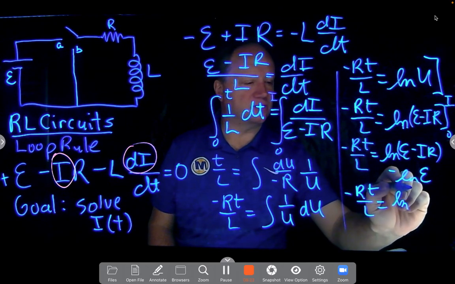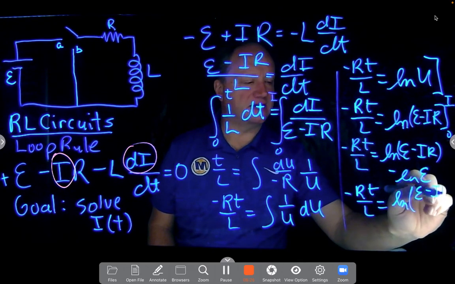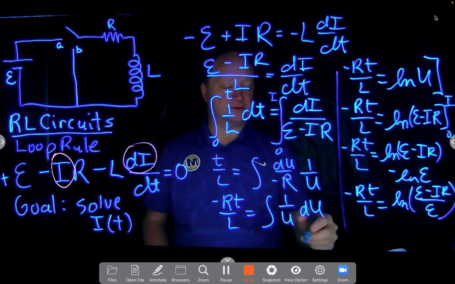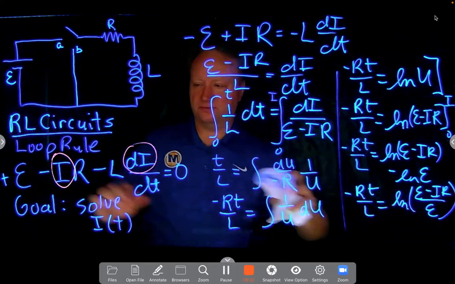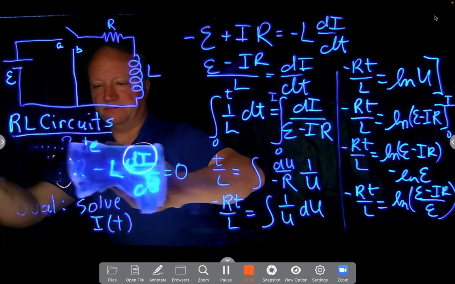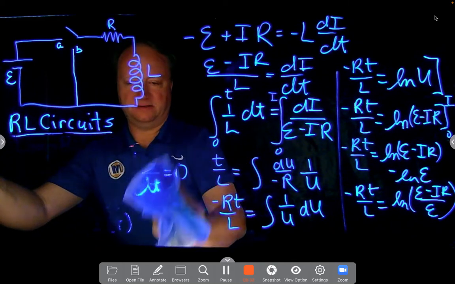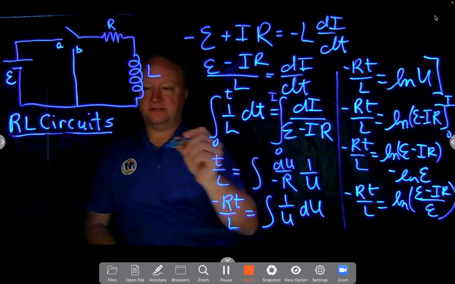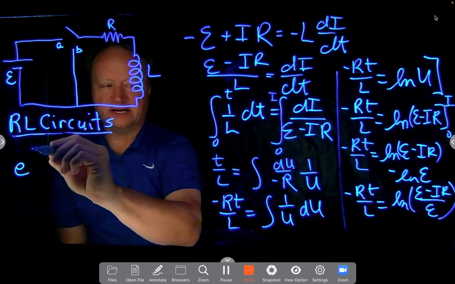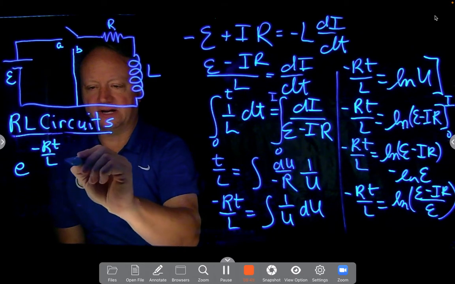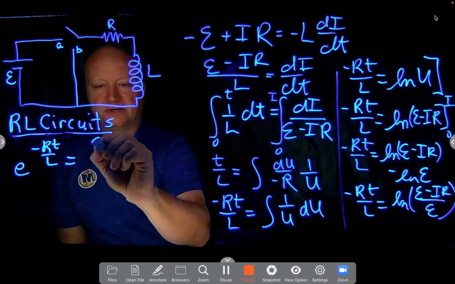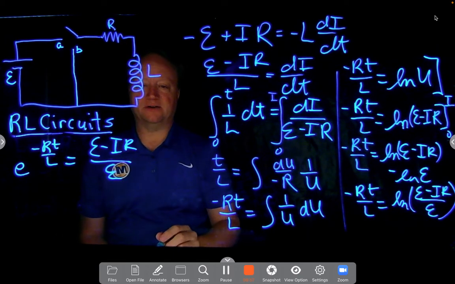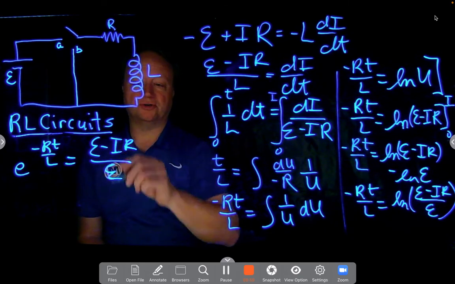So this is natural log of E minus IR over E. Now to get rid of the natural log, I'm going to raise it to the e. So we're going to get e to the negative Rt over L is equal to EMF minus IR all over E. Now basically what you have left to do is just solve down for I.